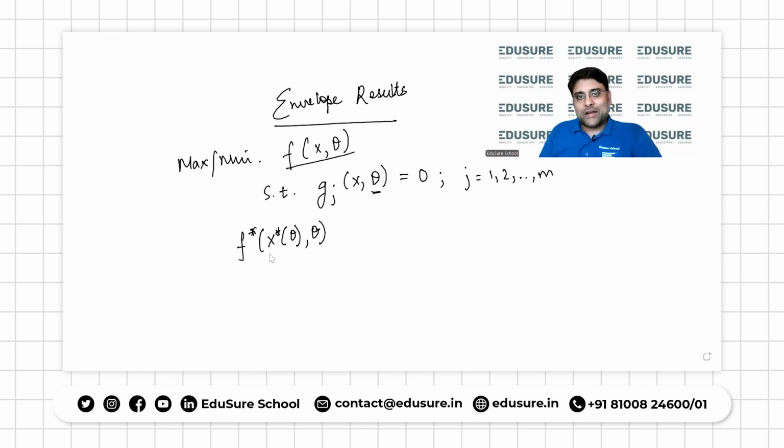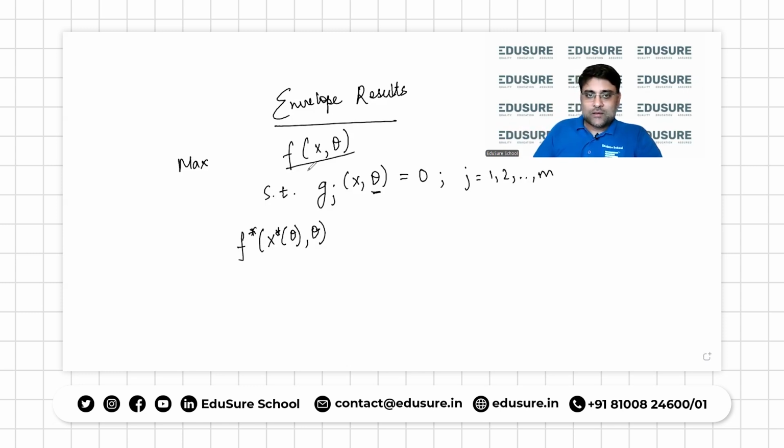So in terms of a mathematical formulation, supposing I want to maximize this f, and this f is the objective function and theta is the parameter. The envelope theorem provides a way to calculate the derivative of the optimal value of the objective function with respect to the parameter theta, without needing to compute the derivatives of the optimal choice x star.